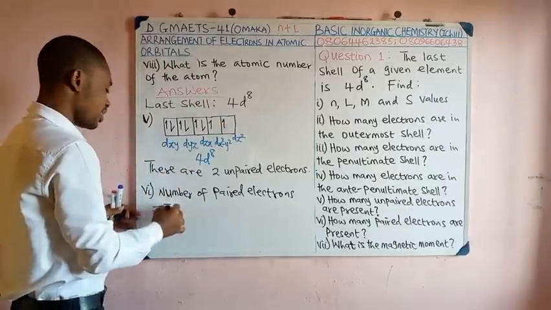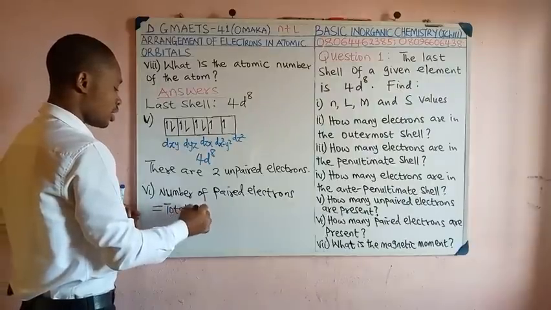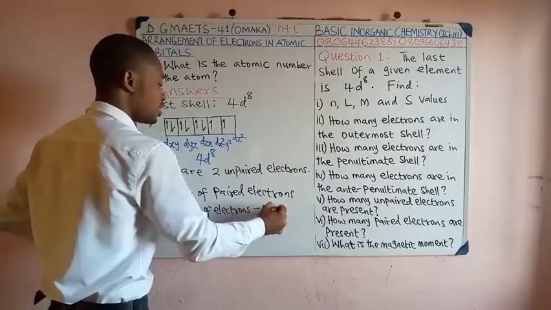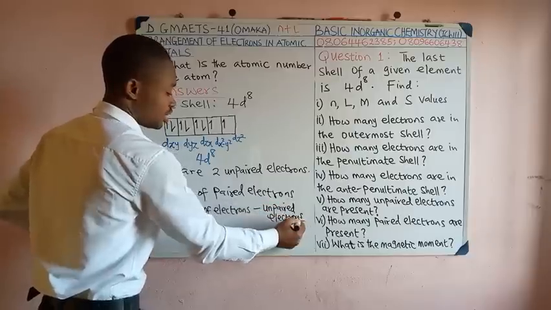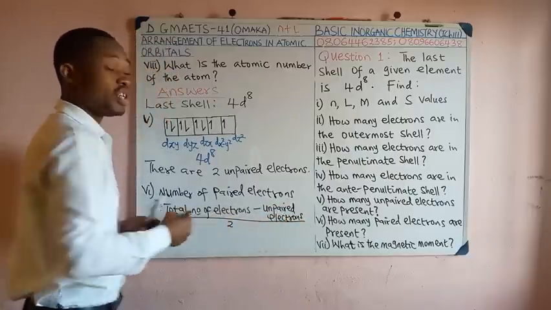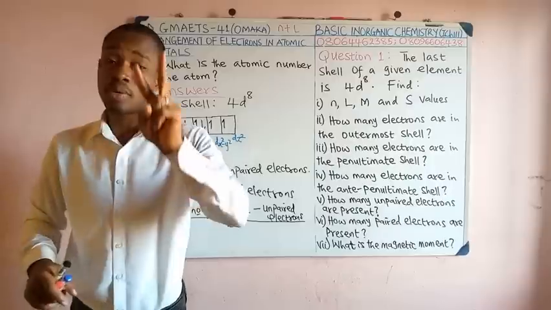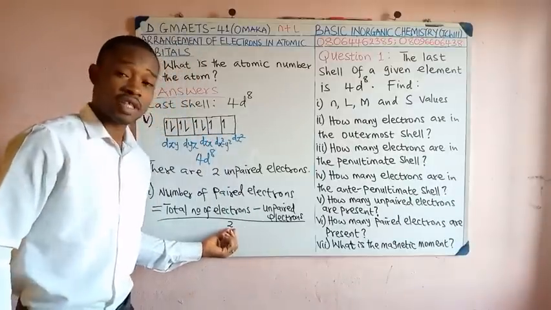So let me write out a formula that will guide us. Number of paired electrons equals total number of electrons minus unpaired electrons, then divided by 2. The division by 2 is for us to get the number of pairs. Remember, a pair is made up of 2 electrons, so that's the essence of dividing by 2.